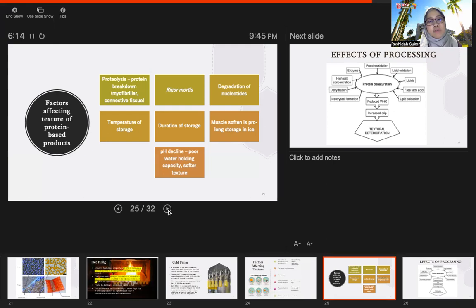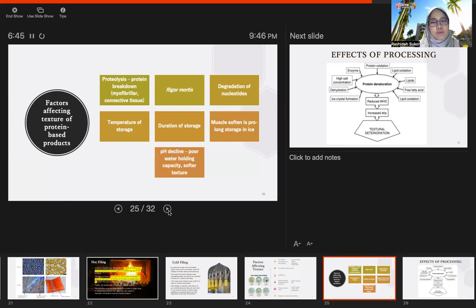Then the next parameter is the temperature of storage. Temperature involves heat, and as we know, heat will affect the protein. If you have higher heat, then protein will denature. So that's why temperature and also duration of storage matter, because protein will also denature if you store it for a long time at certain temperatures.